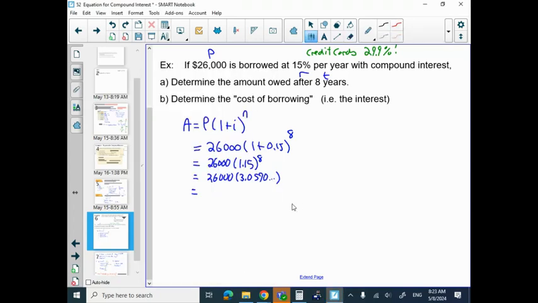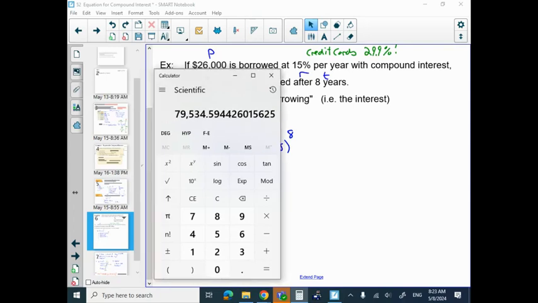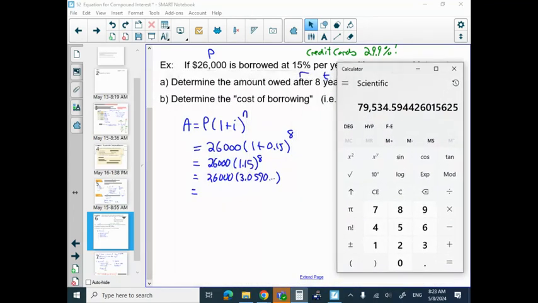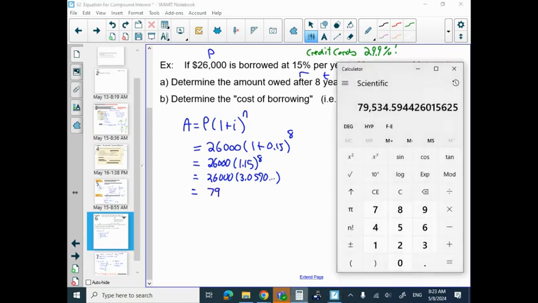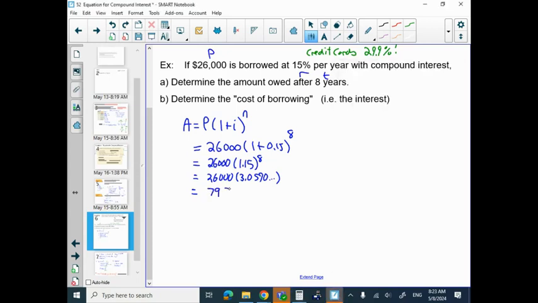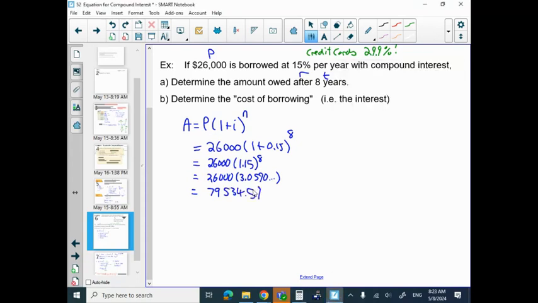I chose the wrong one. 1.15 to the power of 8 times 26,000. So we're looking at having $79,534 and 59 cents be the money you owe if you just let that money grow.